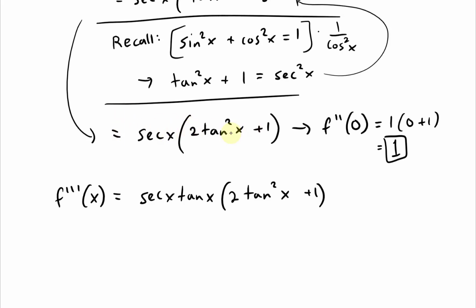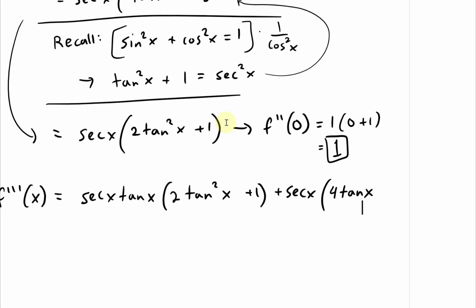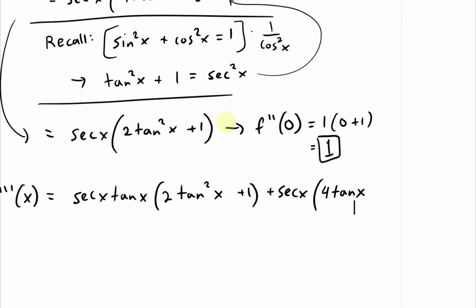So let's just expand: this is going to be secant of x times 2, and then this is a squared, so that's going to go down to a 4 tan x, you subtract 1 using power rule, and then the next one's going to be secant of x.